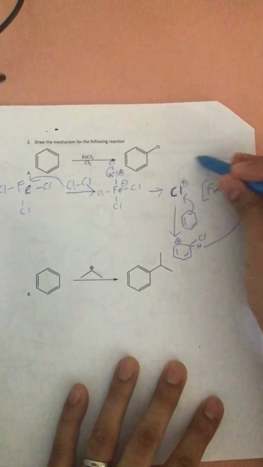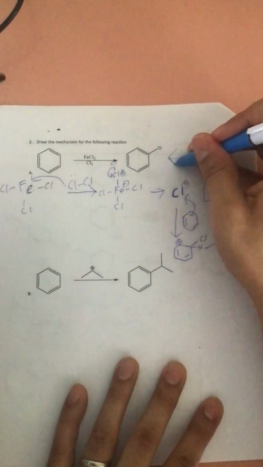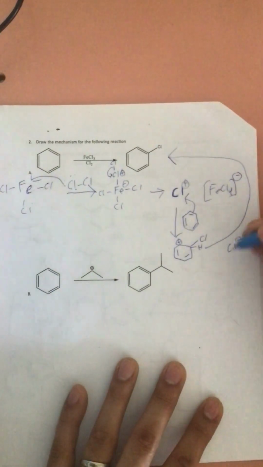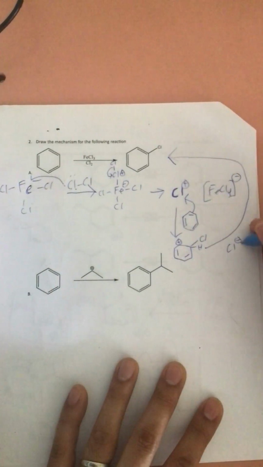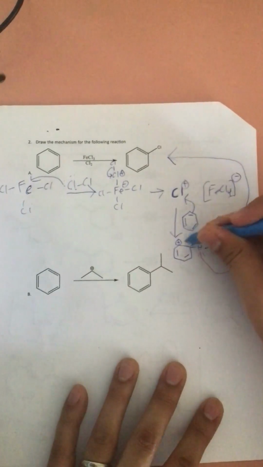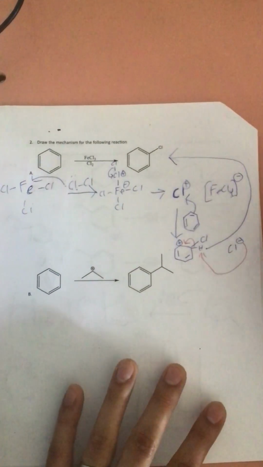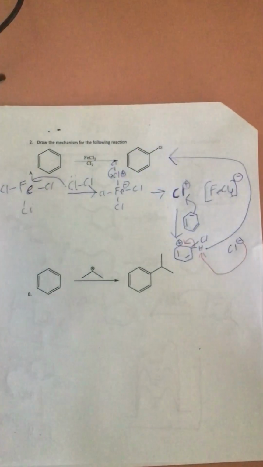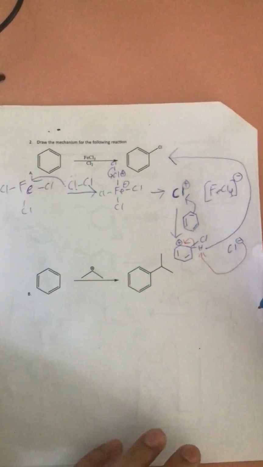And then finally, you can get your final product by having chloride come in and deprotonate. That's how you get this. So this is basically the same as FeBr3, but it just uses chloride instead. The exact same mechanism.